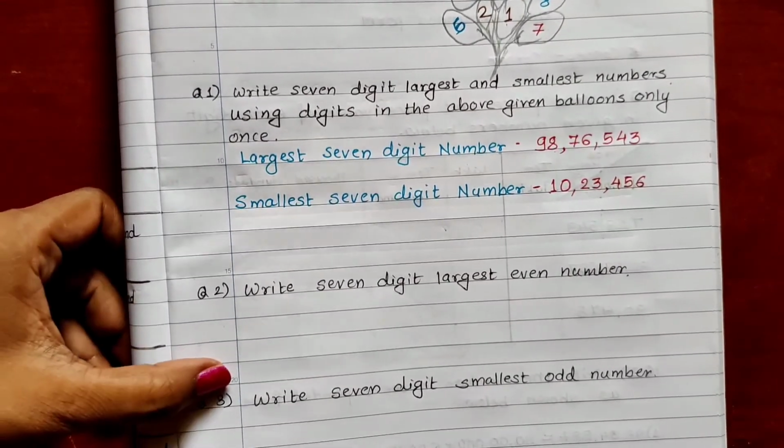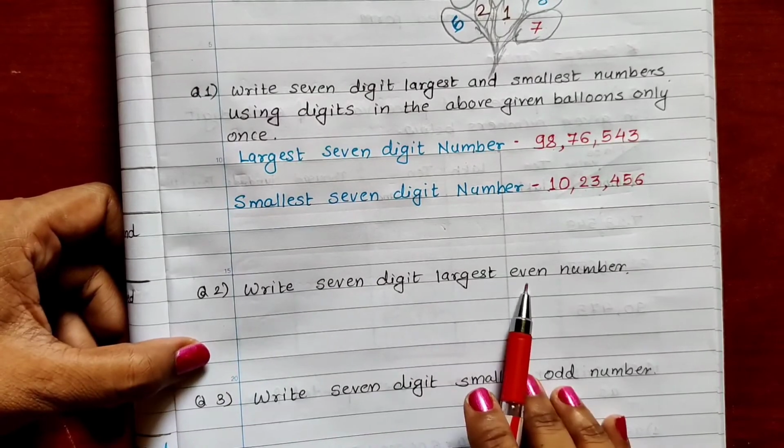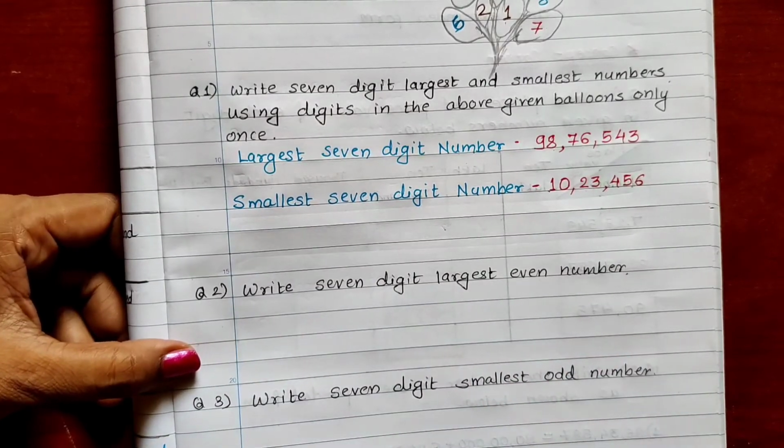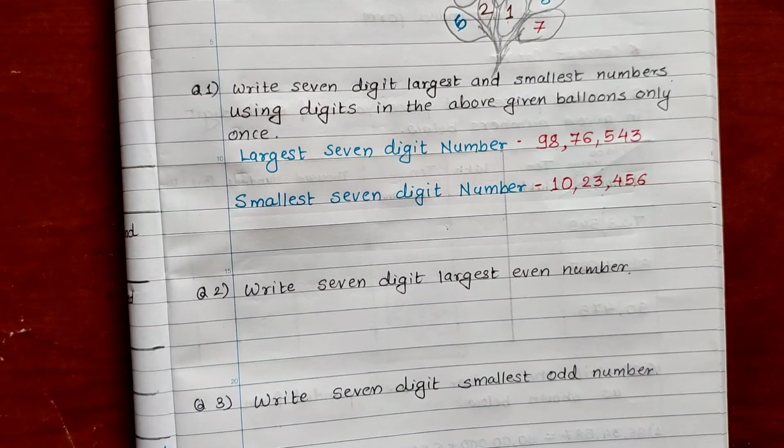Now the next question is write the 7-digit largest even number. Even means what? The last digit should be such that it is divisible by 2. So which numbers are divisible by 2?